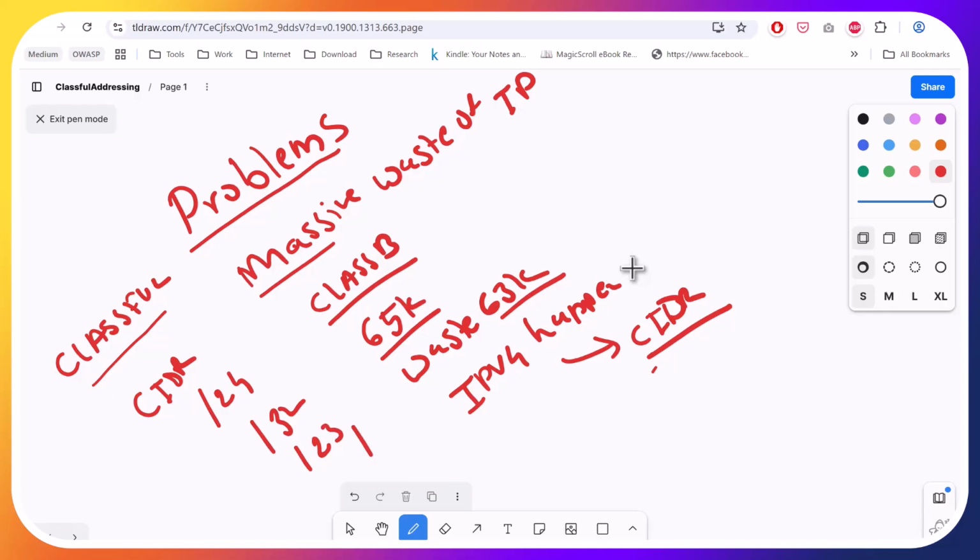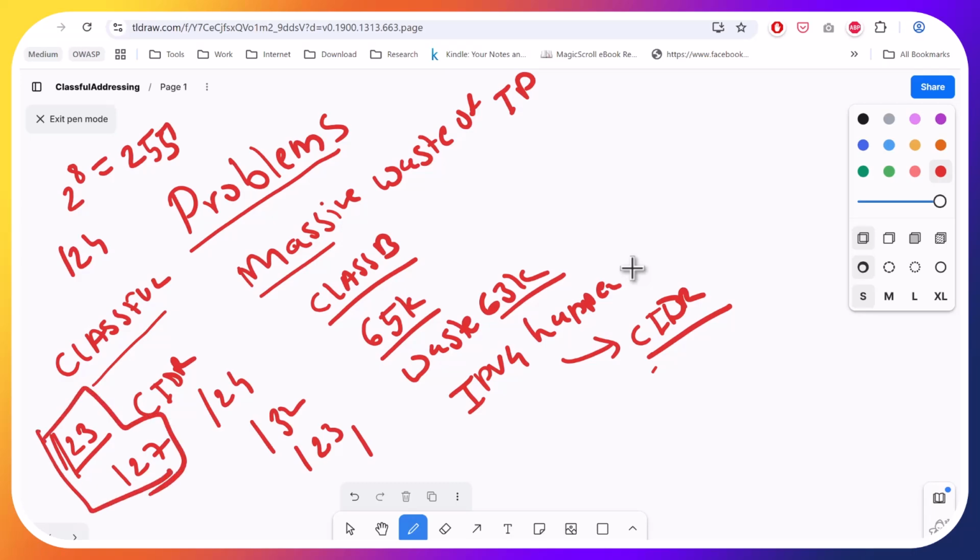You can control the number of hosts very easily, and this way it will not waste. If you want around 2 raised to 8, means you want 255 devices, take CIDR of /24, right? If you want 127 devices, for example, take CIDR of /23, right? So this way you can control the IPs. That's why CIDR is helpful.